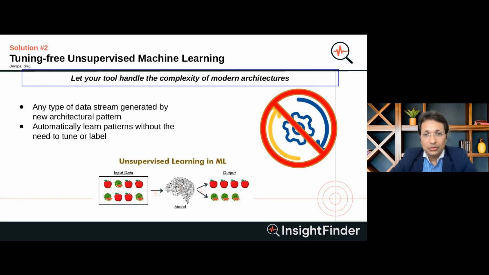We need a tool which should be able to learn from the stream of data, I would say different streams of data, continuously baseline and set thresholds based on the behavior of the system and detect anomalies.